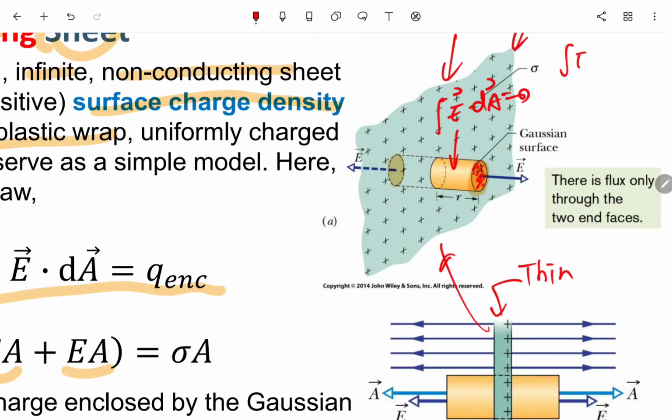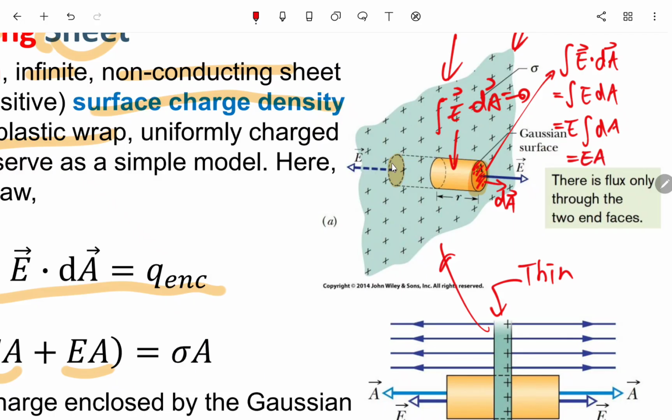So the integration of E dot dA for this part, it's not a closed surface anymore. E and dA point in the same direction, dA points to the right side. So the integration of E times dA, and E is a constant, equals E times the integration of dA, which turns out to be E times A.